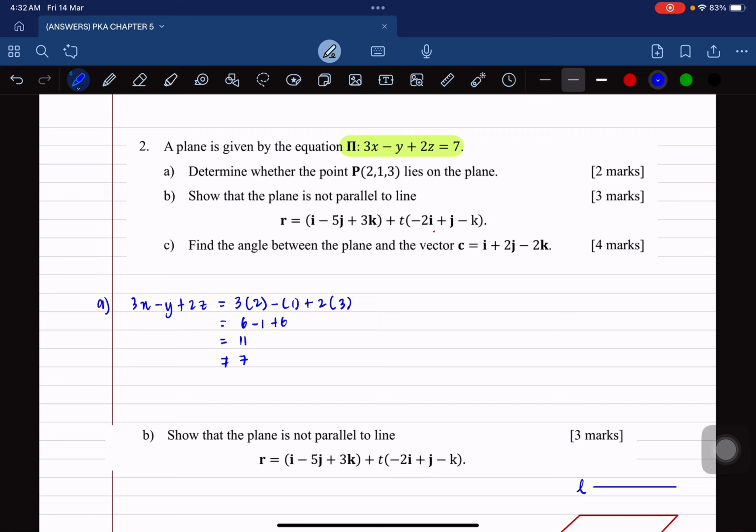So we're gonna conclude that since 11 is not equal to 7, meaning that the point P does not lie on the plane.